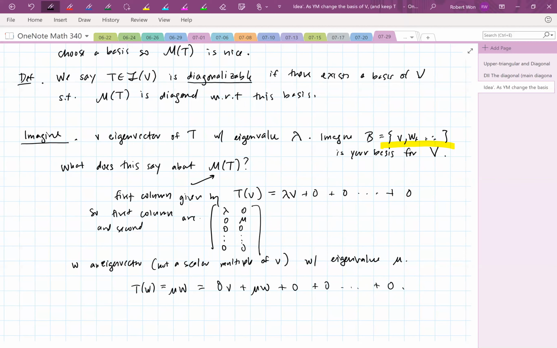The diagonalness of this matrix basically exactly says that each basis vector gets sent to a multiple of itself under the linear operator. And if you remember back to 308, that's exactly the condition that you need for a matrix to be diagonalizable. You need to be able to find an eigenbasis of the vector space.